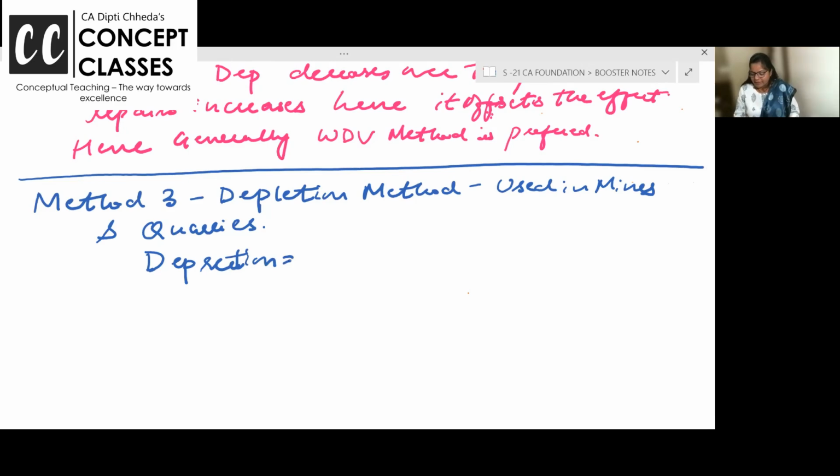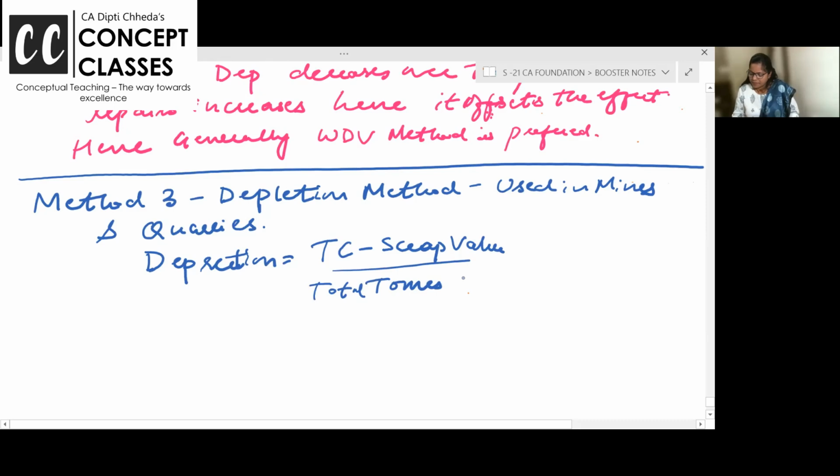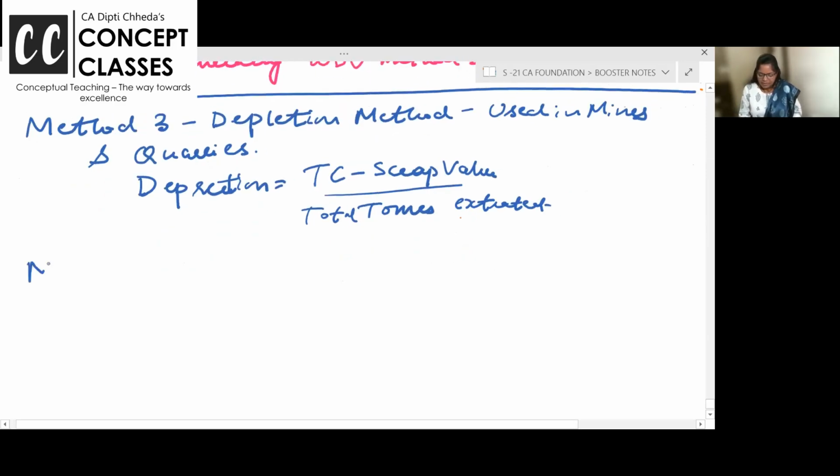Depletion is equal to total cost minus the scrap value divided by total tons extracted, total tons of minerals and all whatever is extracted. Next is method 4, production unit method.